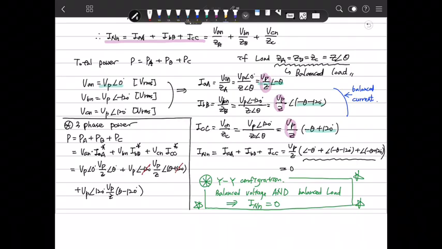So the phase terms will be eliminated. Therefore, the main thing is 3 (VP squared over Z) cosine theta. This is the three-phase power.